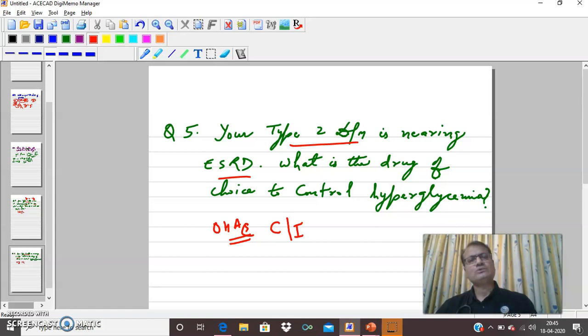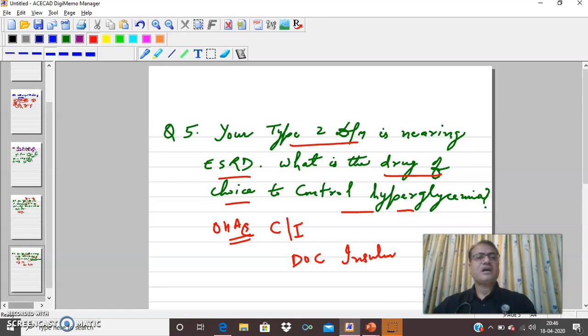So do go through any of your textbooks of medicine and find out which drugs are contraindicated and which OHAs we can continue towards end stage renal disease. But the answer to this question, what is the drug of choice to control hyperglycemia? Remember that when type 2 diabetic patients are advancing towards end stage renal disease, then the drug of choice to control the hyperglycemia is insulin.